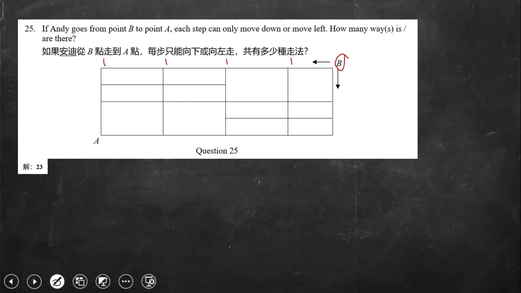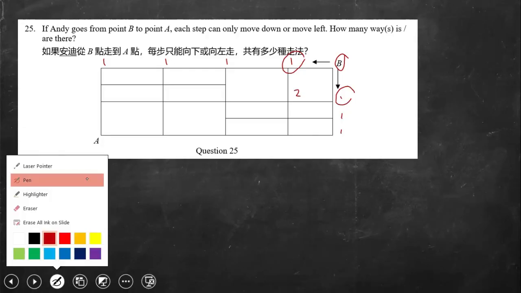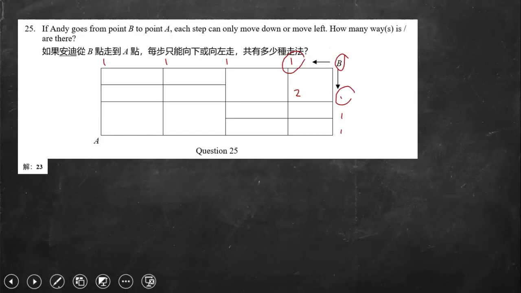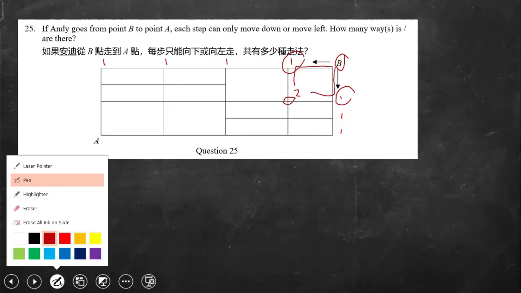We also have one way to get here and here and here. And then we add this way and this way to get 2, because there are 2 ways to get to this point. It's either here or here.